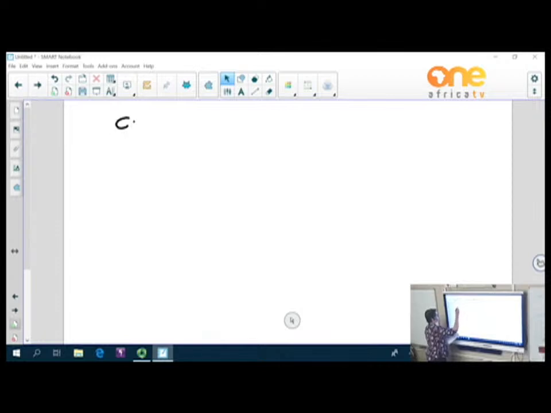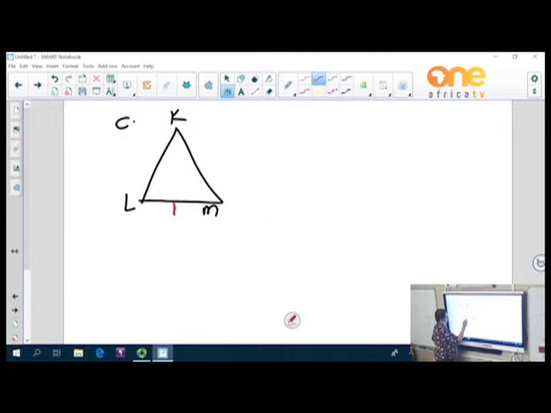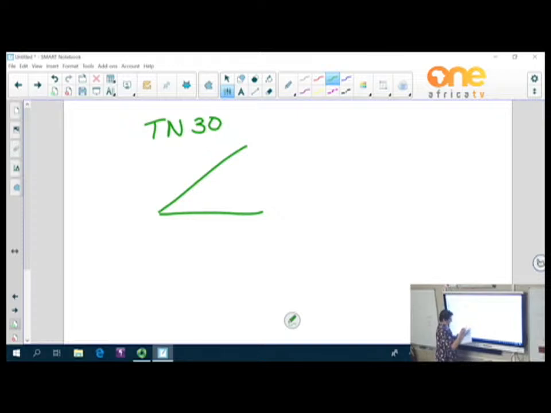Right, question C. Triangle KLM. So again, let's label them first. So this is K, this is L. In the diagram, A and B are two opposite sides on the bank of a river. And the angle here is 45 degrees.